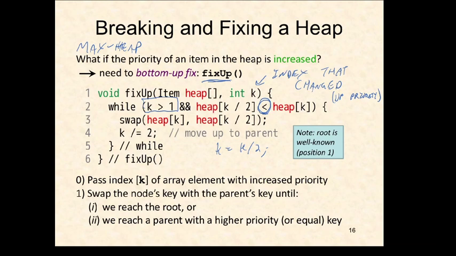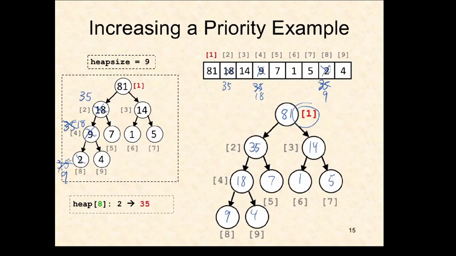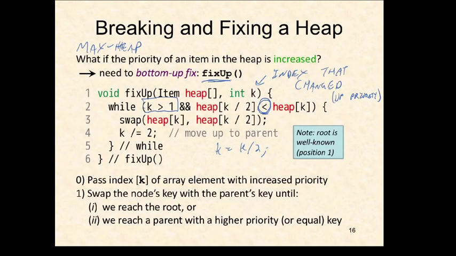While we're not at the root and the parent has a lower priority than the child, we have to keep swapping and moving up. If we reach the root, we stop. If we reach a point where we have fixed the heap, we stop. Notice in this example, we stopped when we got here because we weren't at the root. We're at index 2, we're not at the root, but when we compare to the parent, while the parent is less than node k, that part was false, so the while loop stopped, even though we weren't at the root yet.